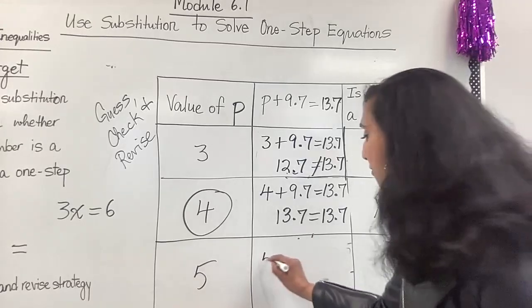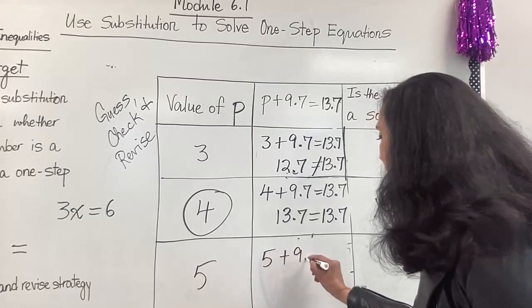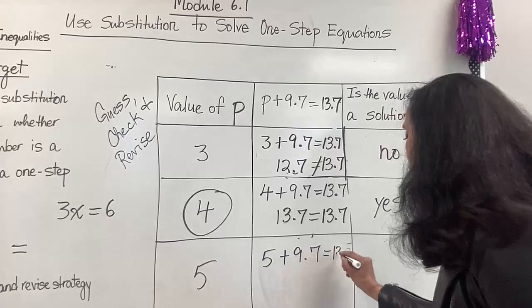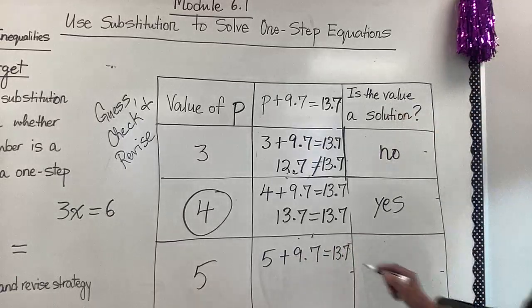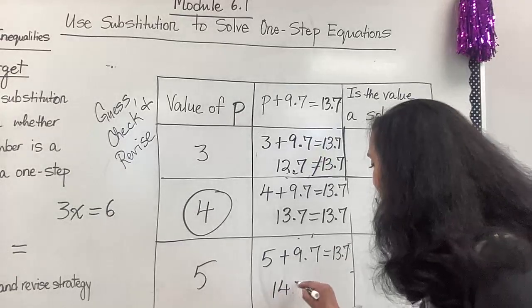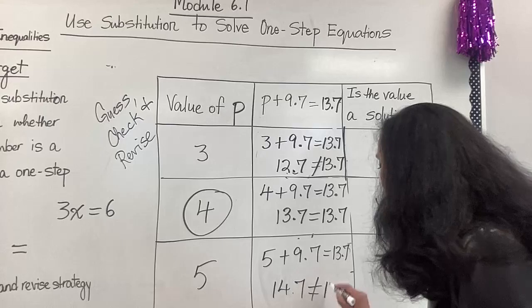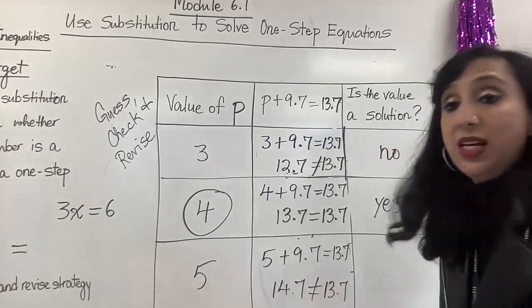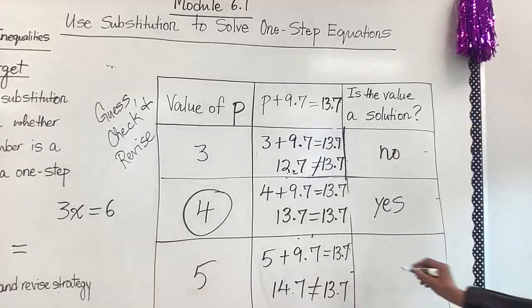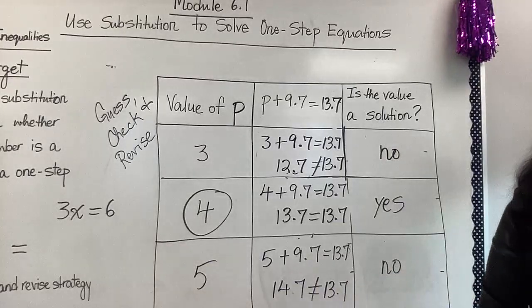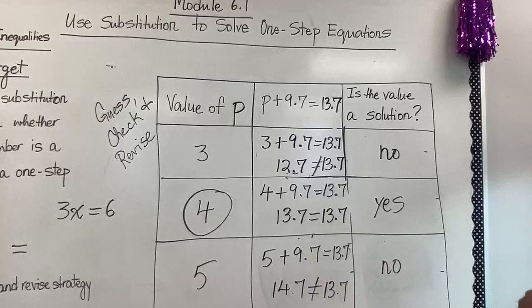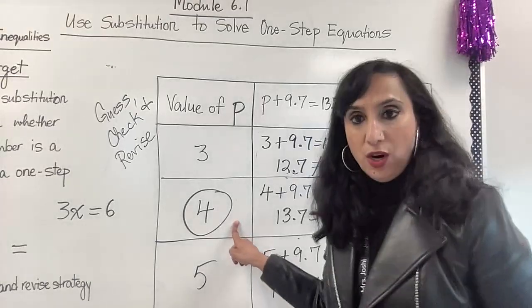And so if I did 5 plus 9 and 7/10 should equal 13 and 7/10, we don't get that. We get 14 and 7/10, which is definitely not equal to 13 and 7/10 because it is a greater number. So therefore this is not a solution. So we can find that the solution of this equation is going to be 4.